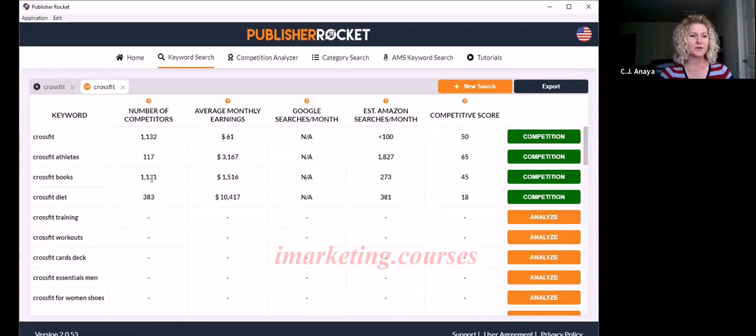There's 1,131 people who are fighting for this keyword, and yet the competition isn't too bad. So what that's telling me is that out of all these people, their sales ranks really aren't that high. So I could probably compete, even though there are a ton of people doing it. And with strategic ads and the things that you're learning and implementing, you could get on that first page. So it's less difficult.